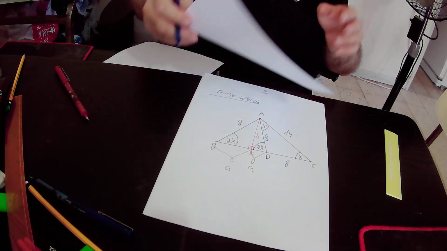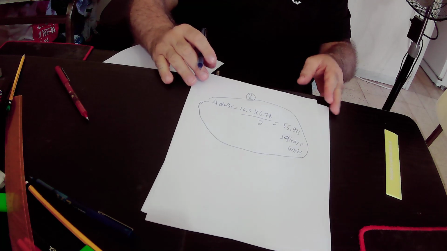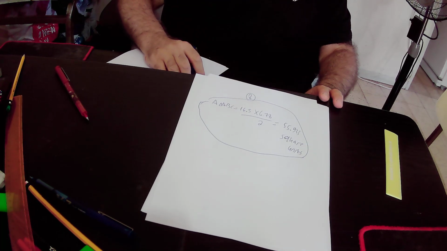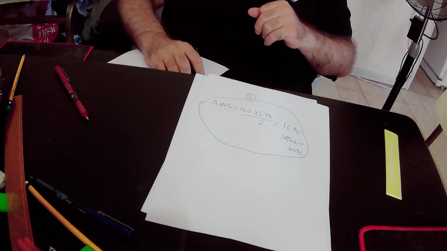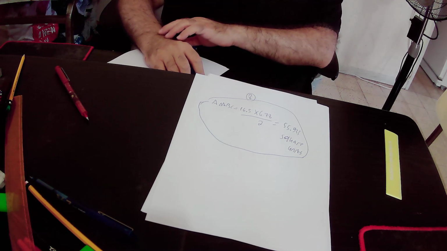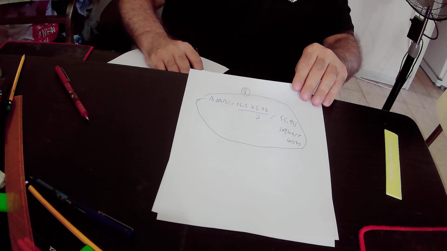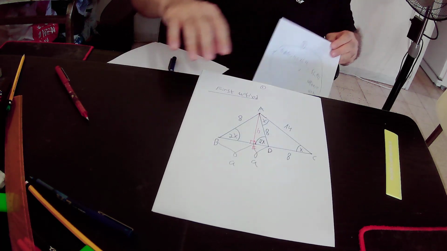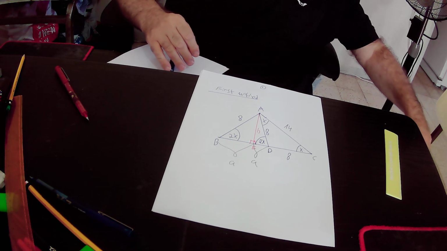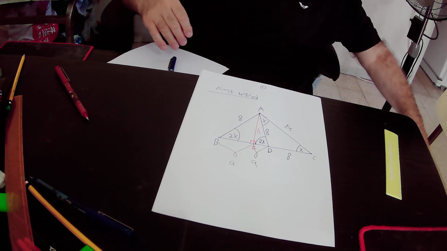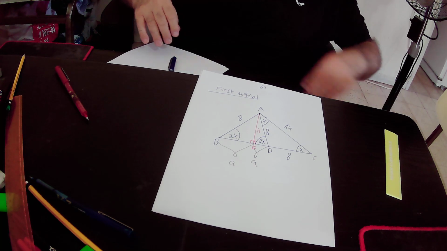Okay, so the area of triangle ABC equals 55.935 square units. Okay, the area of this triangle ABC equals 55.935 square units.